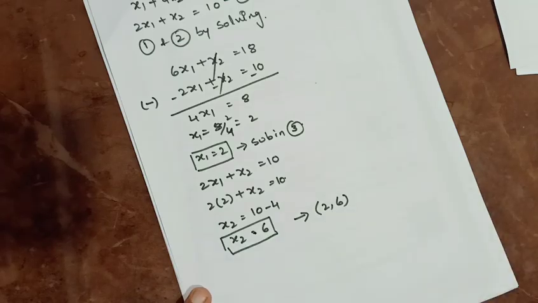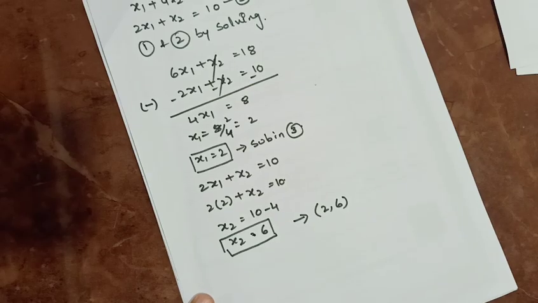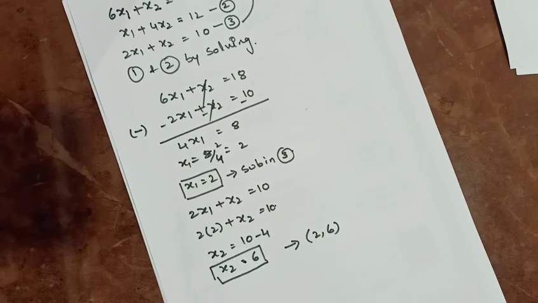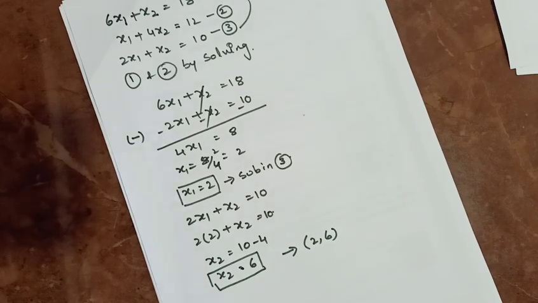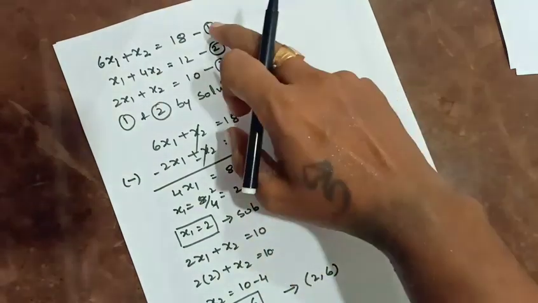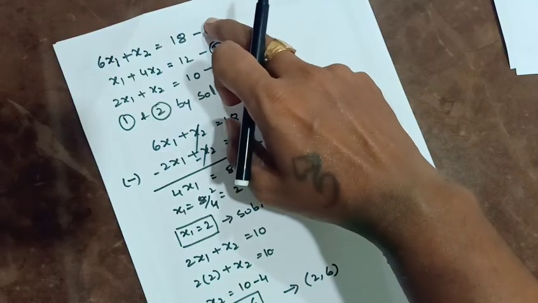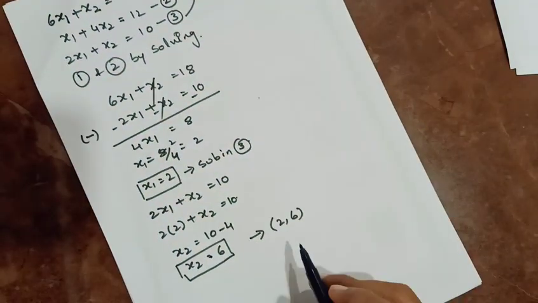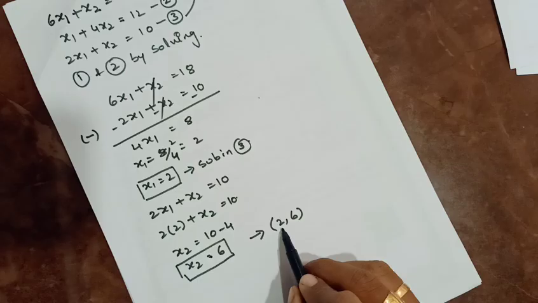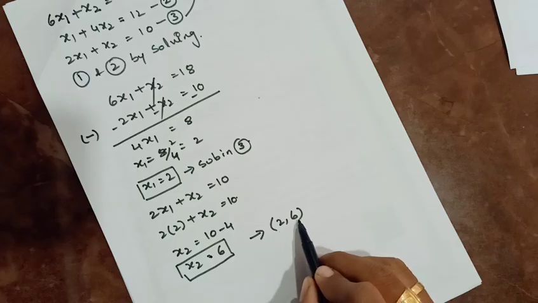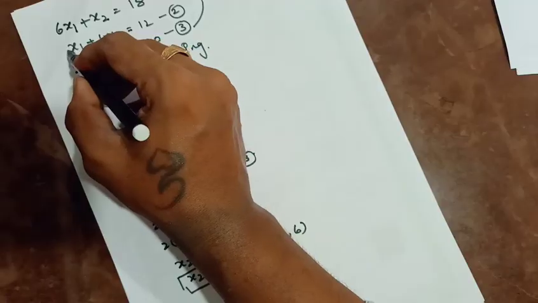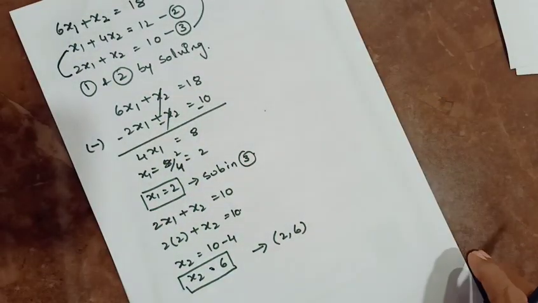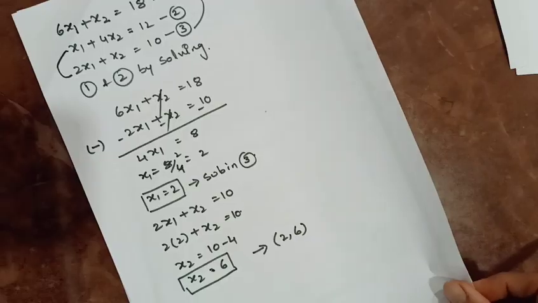In the same way, we have to find the other coordinate using the second and third constraints. We have calculated 1 and 3, and got x1 as 2 and x2 as 6. Now we will calculate the corner point for 2 and 3.